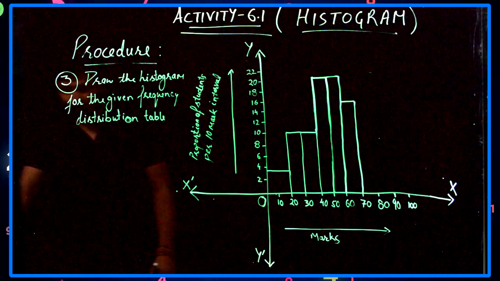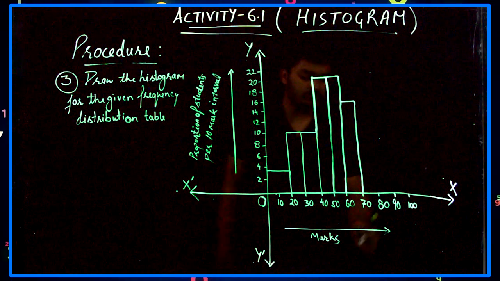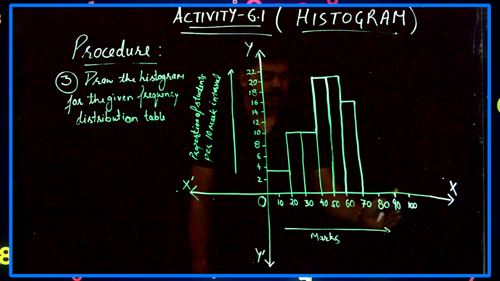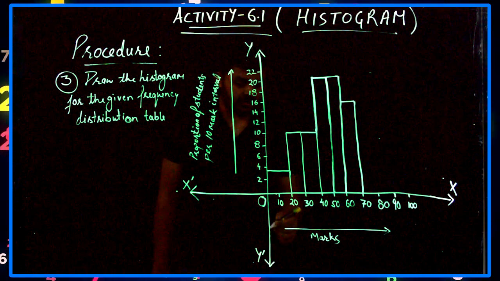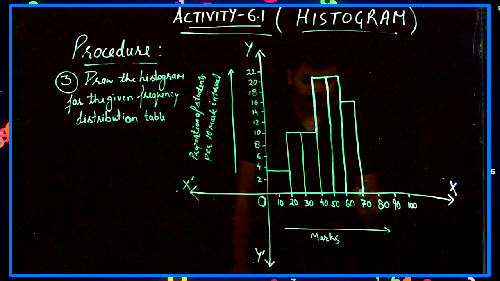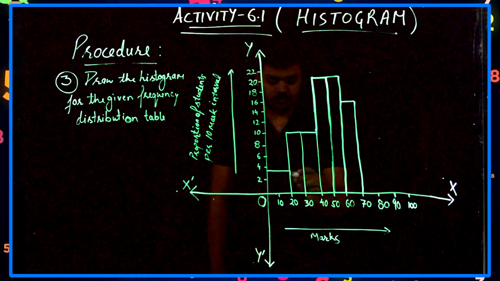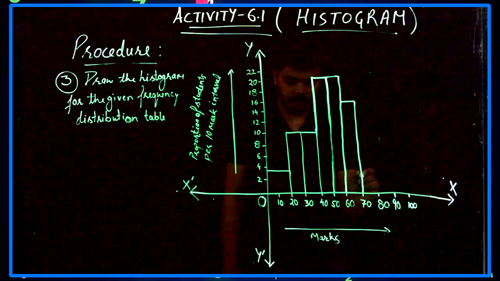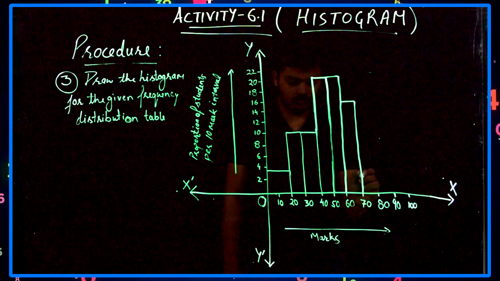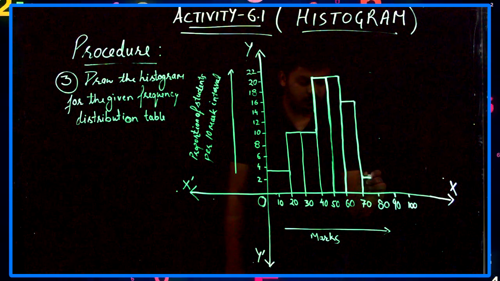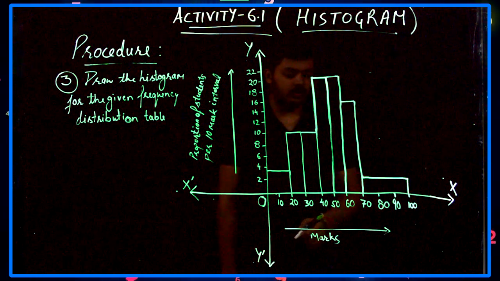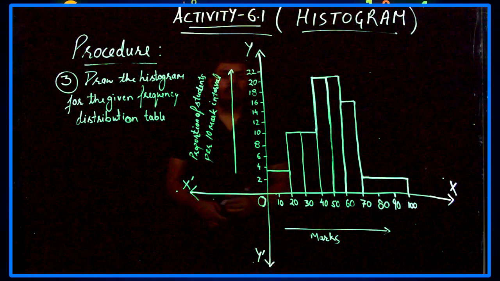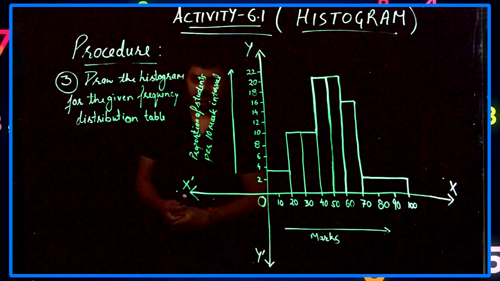Similarly, for the class 70 to 80, the class interval is 70 above, that is from 70 to 100, as the maximum marks is 100. So it is 2.67, so we can draw somewhere here. This is the histogram for the given frequency distribution table.